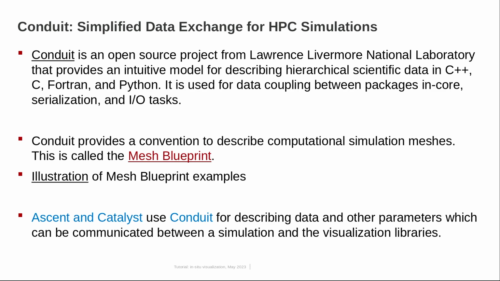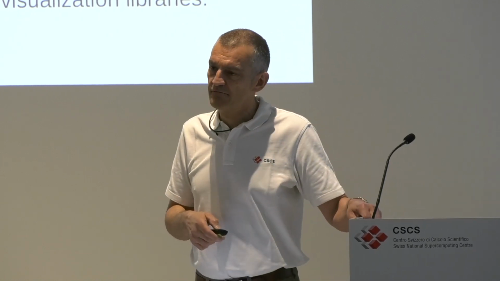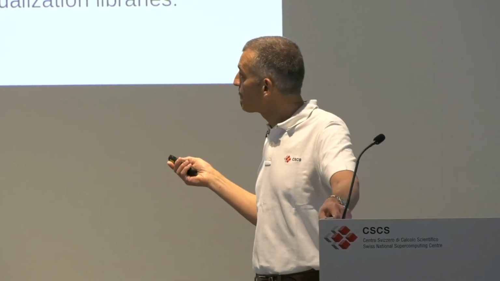So most cases that will apply to your simulations are taken care of. And it's really about data coupling. Nothing more specific. For in-core, serialization, and I/O task. And building on top of this, we will have the visualization interface.